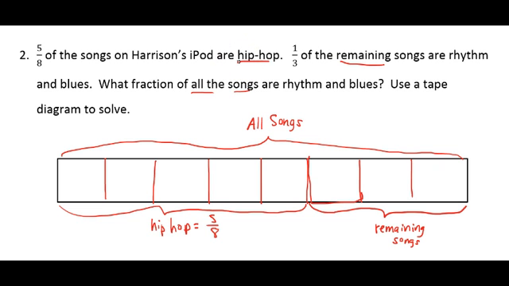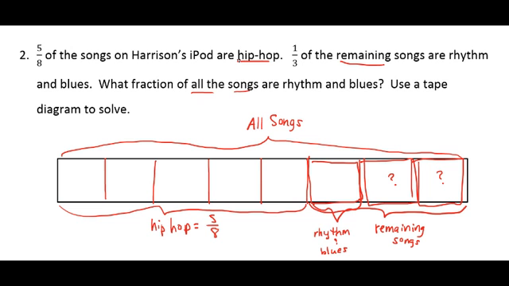Well, if I look, each of these pieces is considered 1/3 of the remaining songs. That means that one of those pieces is the rhythm and blues. We don't know what the other remaining pieces are.